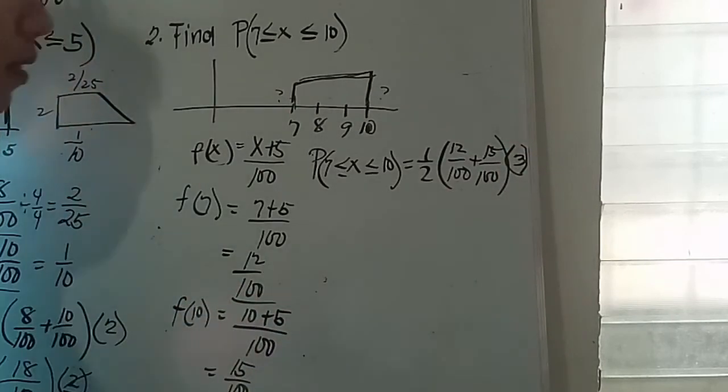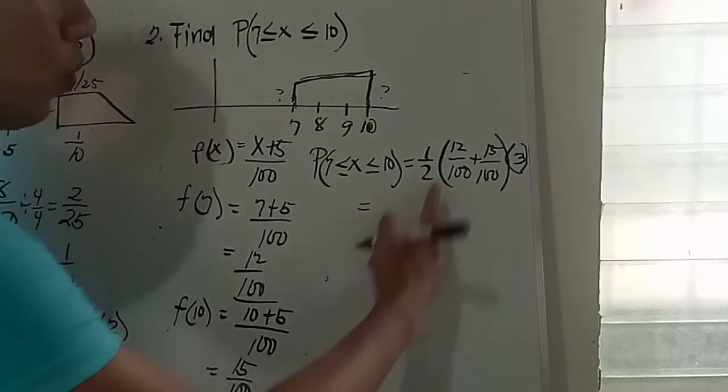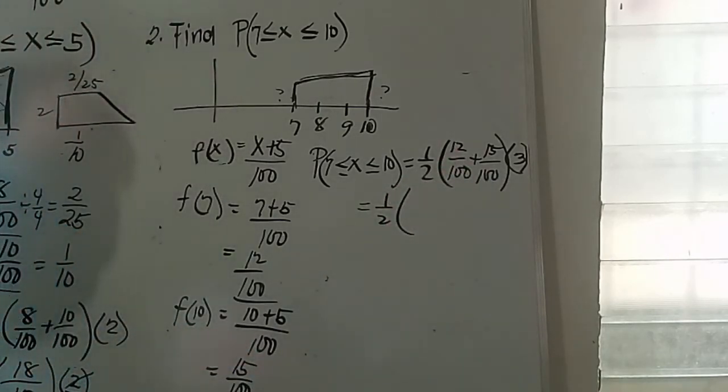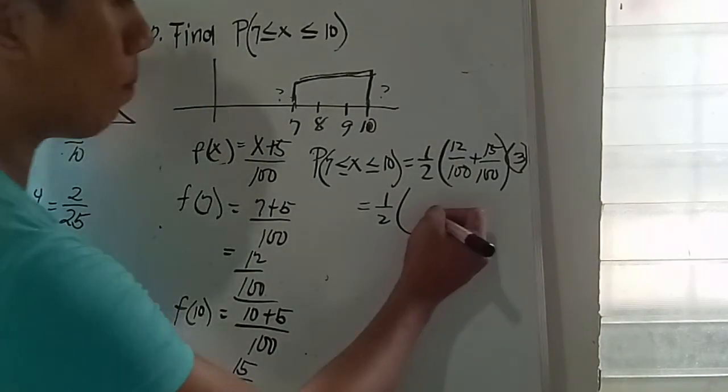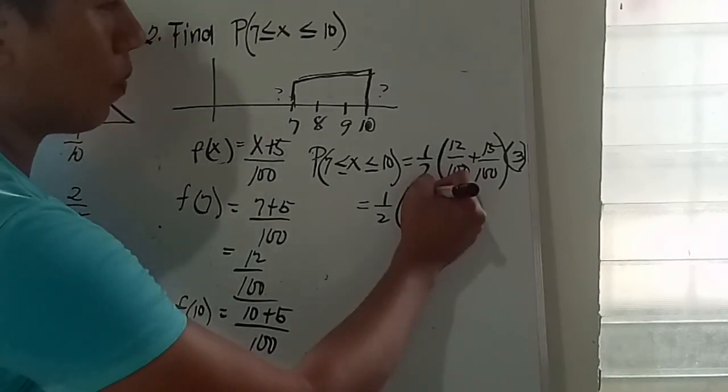That is the distance. So we have 1/2 times 12 over 100 plus 15 over 100. Take note, in adding similar fractions, just copy the denominator, which is 100, then add the numerators.